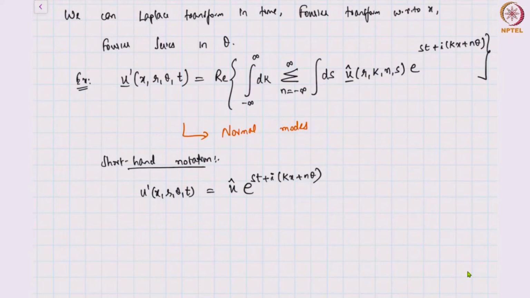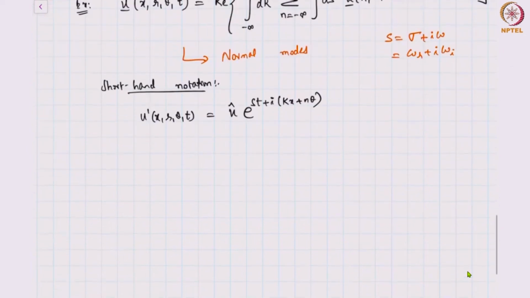Now I have not said what is s here. In this case, s is a complex number. So s can be something like sigma plus I omega, or you can even write omega r plus I omega I, where sigma and omega are just two arbitrary numbers. Let me write that down.